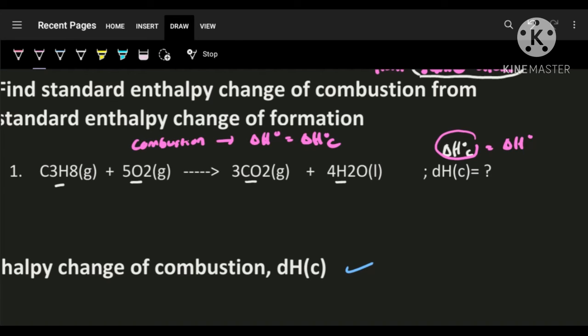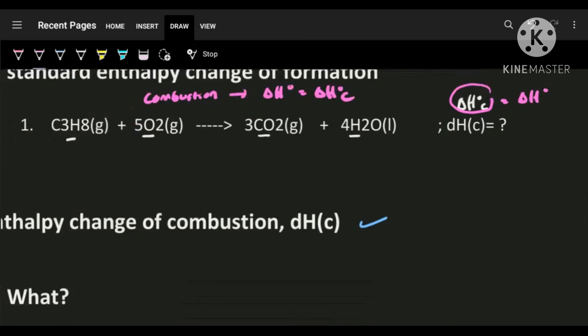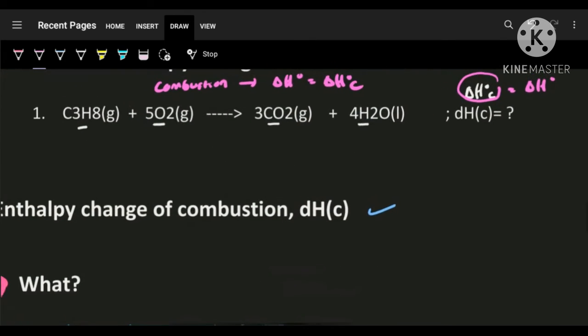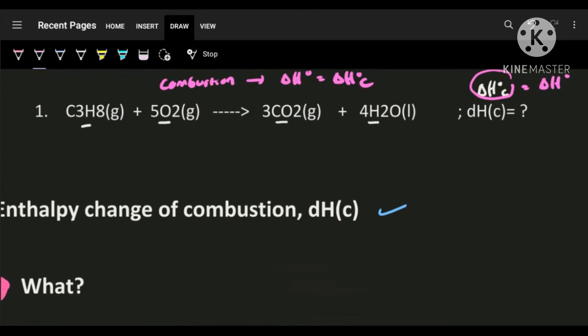So, how to find the standard enthalpy change from the standard enthalpy change of formation? First step, list down the standard enthalpy change for each compound. First, the sum of standard enthalpy change of formation for products is 3 times negative 394.